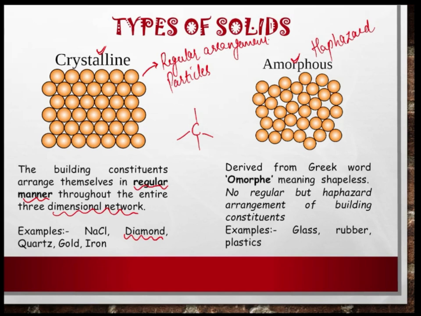That is a regular arrangement. Quartz, gold, iron, copper, all naturally occurring metals around you are generally in crystalline form. Whereas amorphous solids are like glass, rubber, plastics, etc. So this is the introduction to crystalline and amorphous.